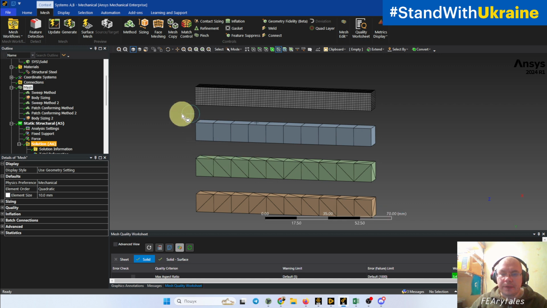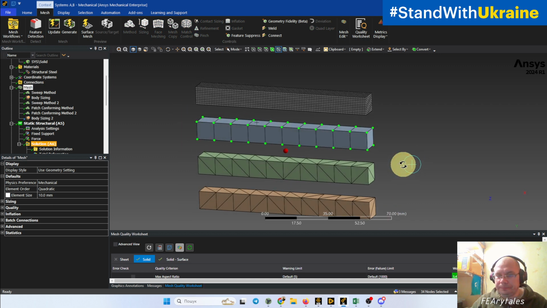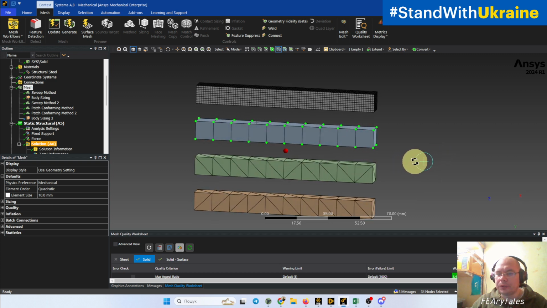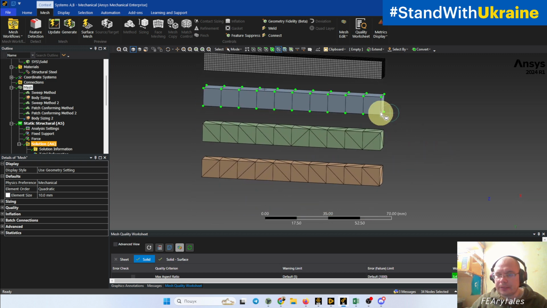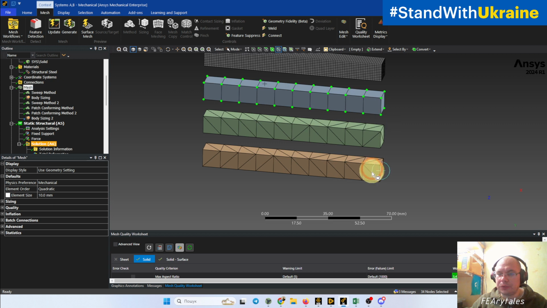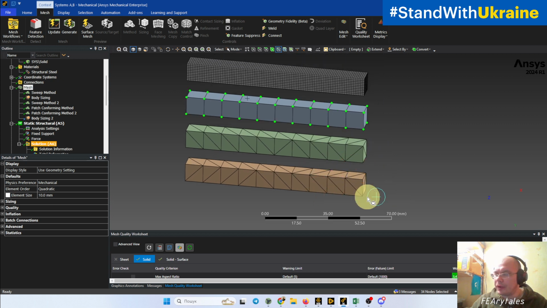And this is a linear hex, and we need to understand: is it the same situation as with this linear tetra, so it's very bad, or maybe it's something different?